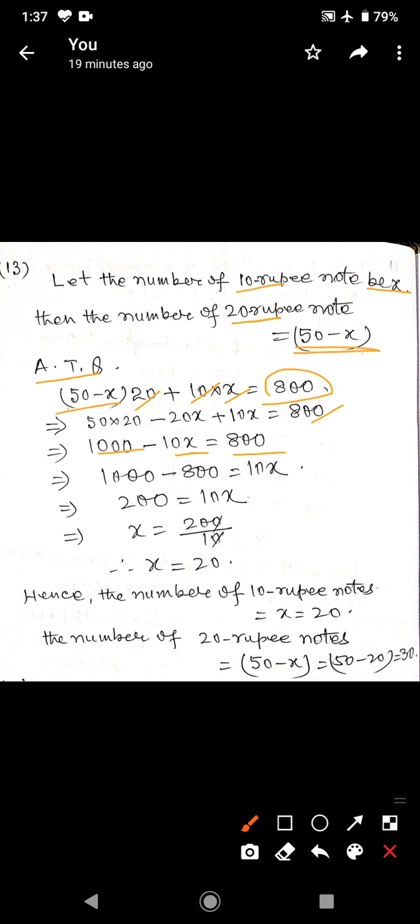And 1000 minus 800 equal to 10x, or 200 equal to 10x, therefore x equal to 200 by 10, therefore x equal to 20.